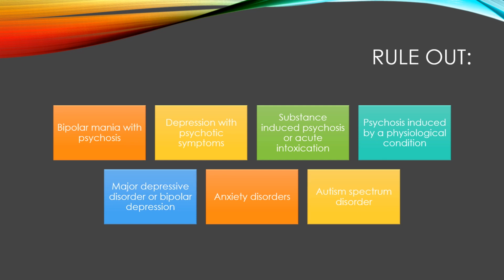I do work inpatient psych sometimes, once a month or so, and see a lot of substance-induced psychosis or cannabis-induced psychosis as well. Psychosis induced by a physiological condition, major depressive disorder or bipolar depression, anxiety disorders, autism spectrum disorders. So you're going to rule those out.